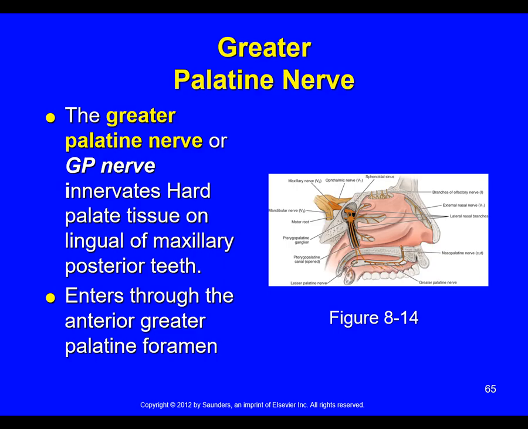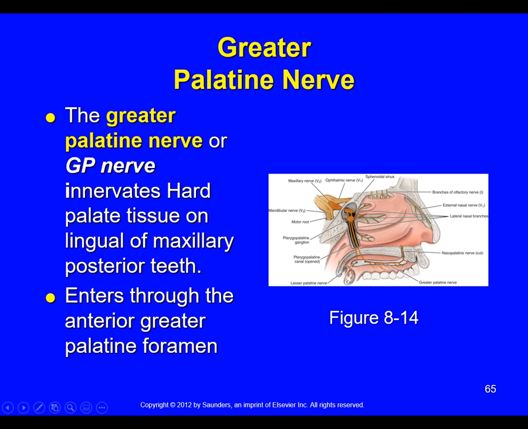Now on the maxillary, we've also got the greater and the lesser palatine nerves. We're looking at these coming through the greater palatine foramen, which is the anterior foramen on the hard palate area, and then the lesser palatine foramen is the one towards the soft palate. So those are the two in the back.